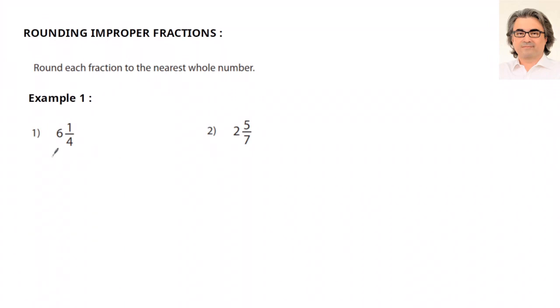Now, for example, 6 and 1 over 4. I should find the integer where this fraction is nearer than the other integer. Any fraction, if it's not equal to an integer, should be between two consecutive integers.